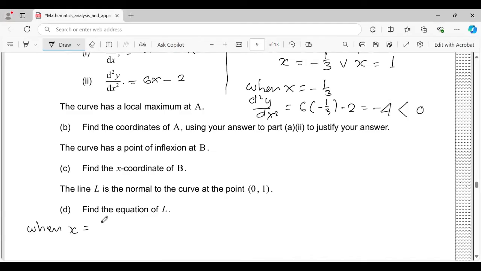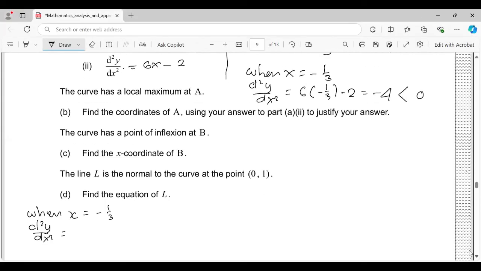It means this is a local maximum. Okay, so at x equals minus 1/3, there is a local maximum.